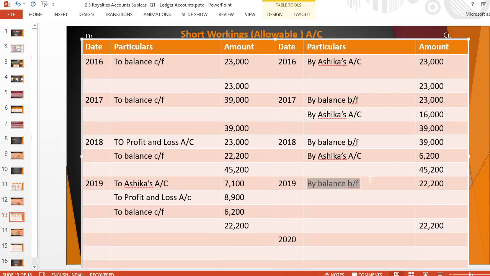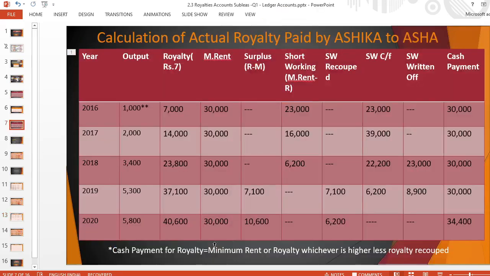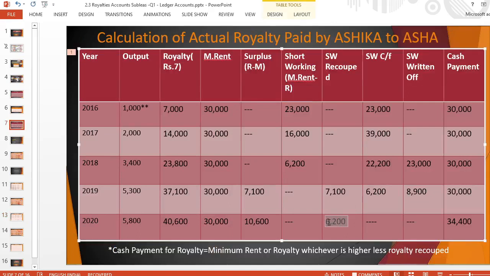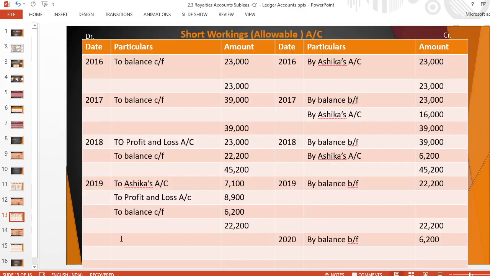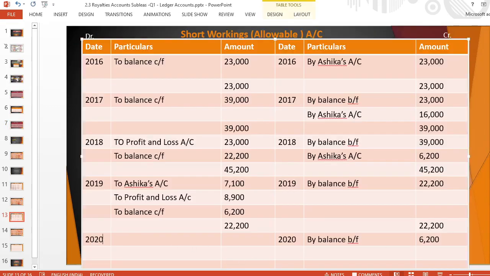So by balance brought forward, the balance brought forward is 6,200. And I'll check in the royalty table. So here you can check. In the year 2020, we have recoupment of 6,200 and nothing else. So I'll write the 6,200 for 2020. Here we have recouped the balance.